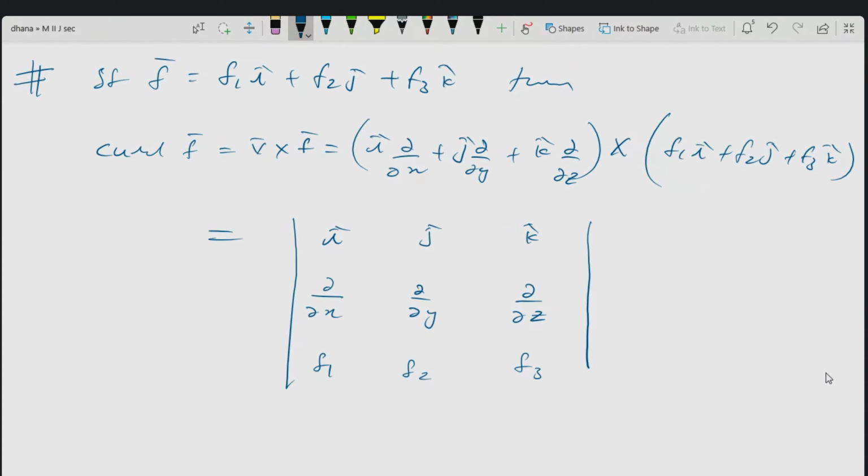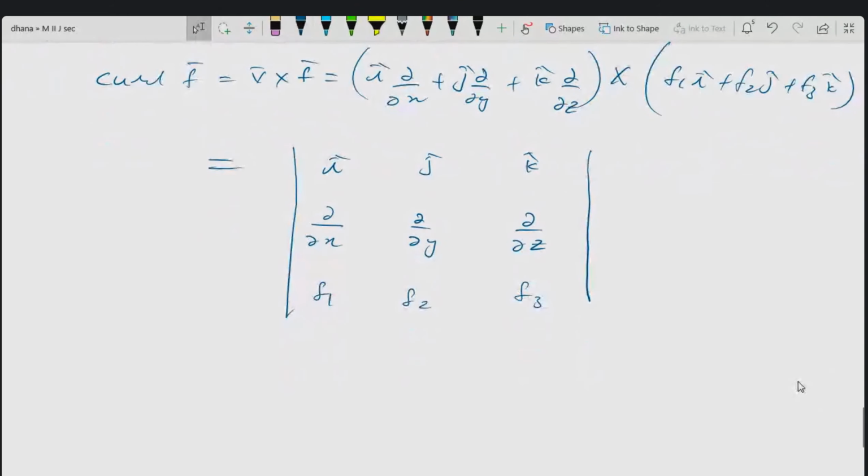And remember, is A cross B the same as B cross A? No, ma'am. Dot product is the same. Whether you write A bar dot B bar or B bar dot A bar, you will get the same result. But that doesn't happen for cross product. So be careful while writing this one.